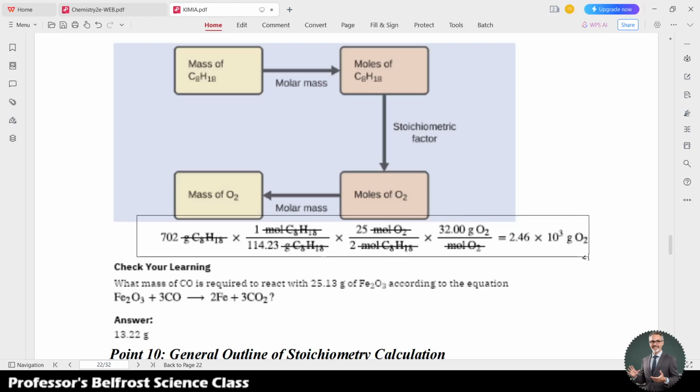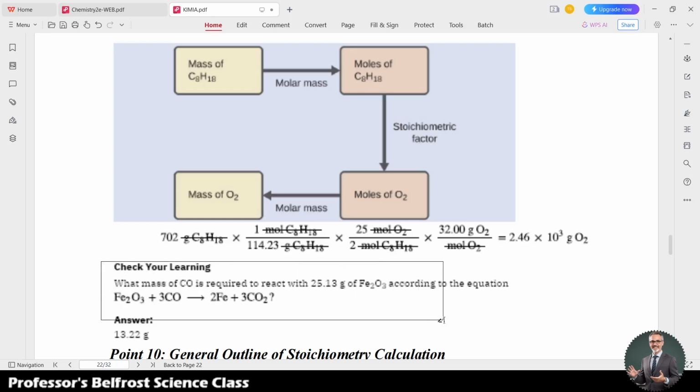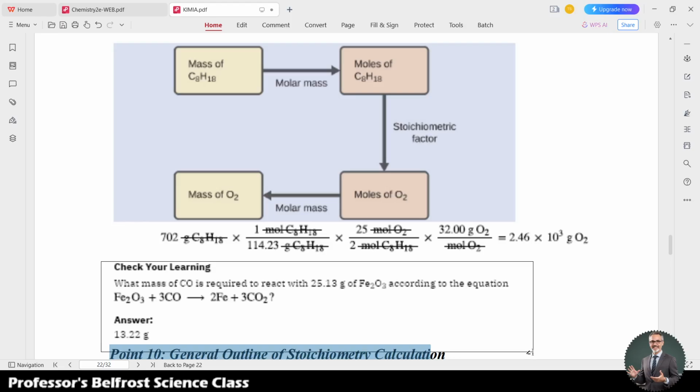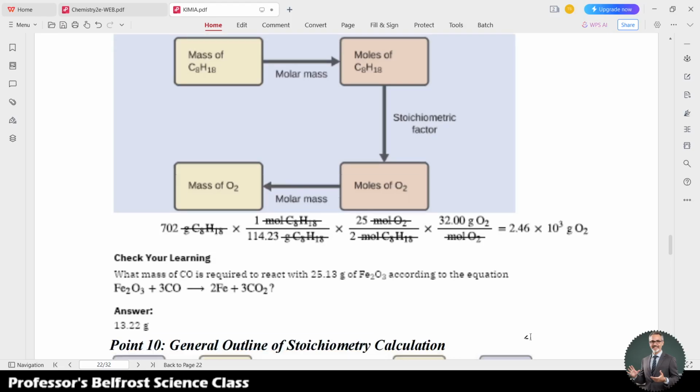And we get this result, which is 2.46 times 10 to the power of 3 grams of oxygen, or 2.46 kilograms of oxygen. Easy. And to check your understanding, I want you to solve this example.